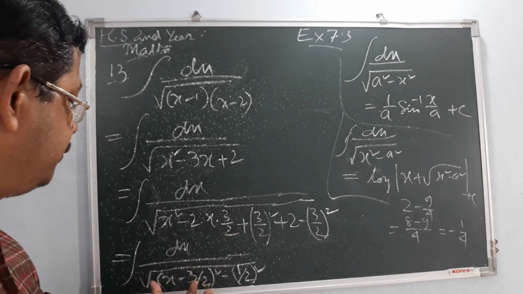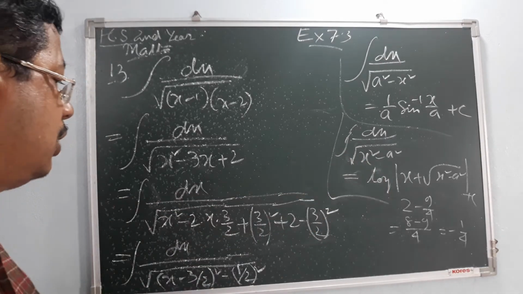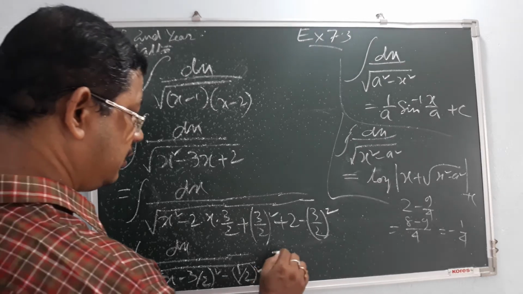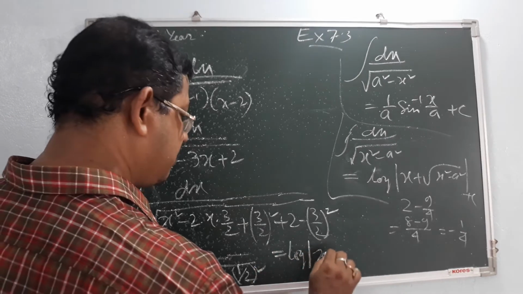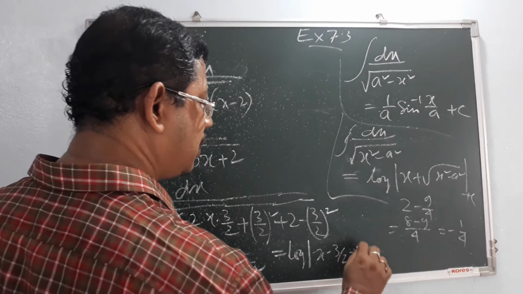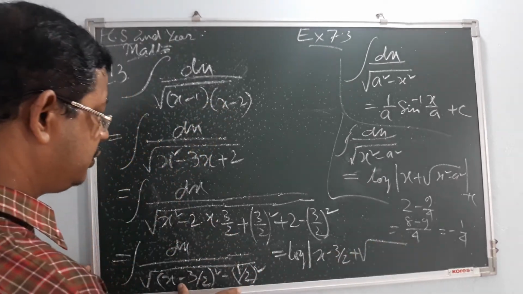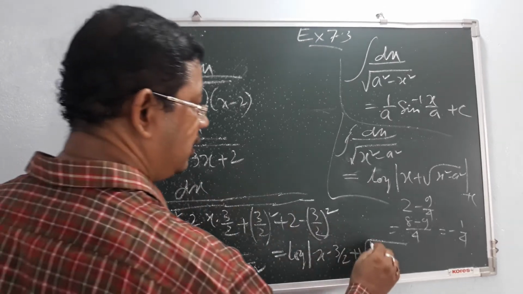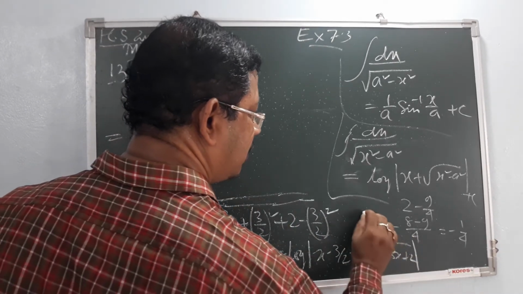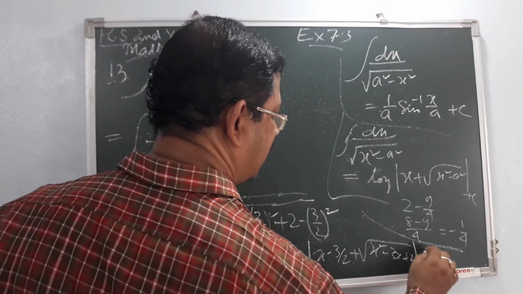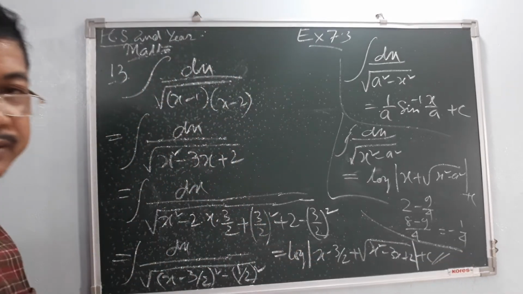Then this is that. Now see, this is the formula. So what we can write? Log modulus x minus 3 by 2 plus root over x square minus 3x plus 2, plus c. So this is the answer.